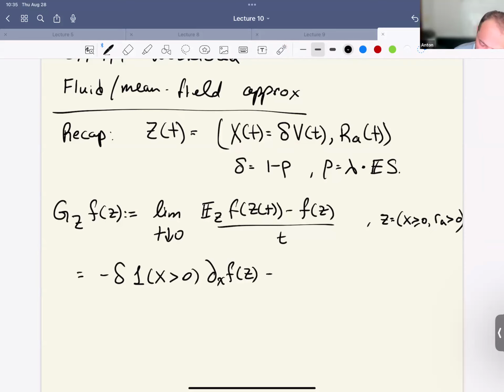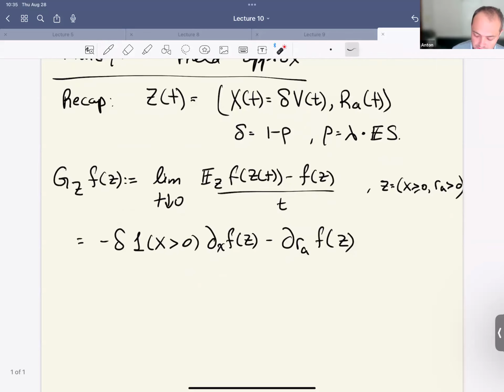And then all the time, the residual arrival clock is decaying, so this will impact the second coordinate of our process. And this is the infinitesimal generator.